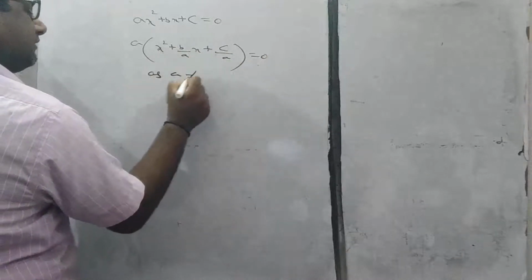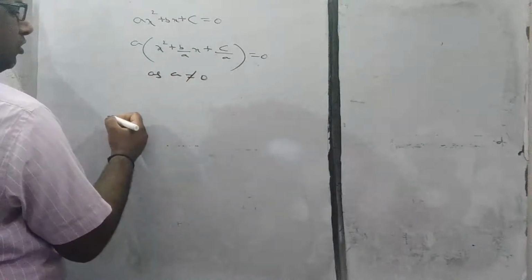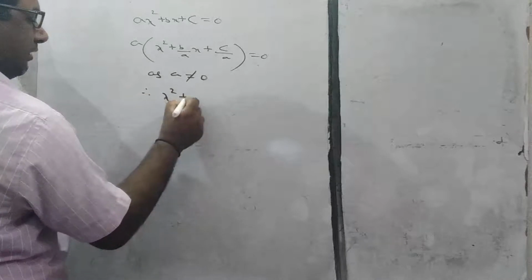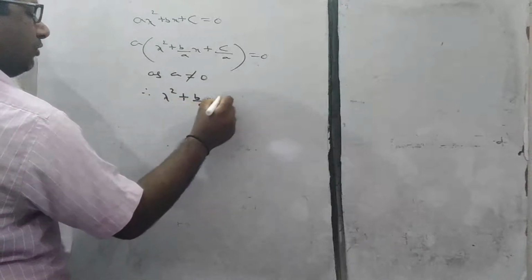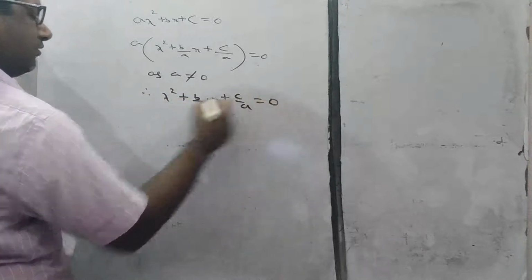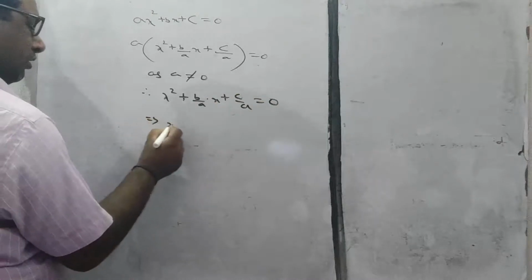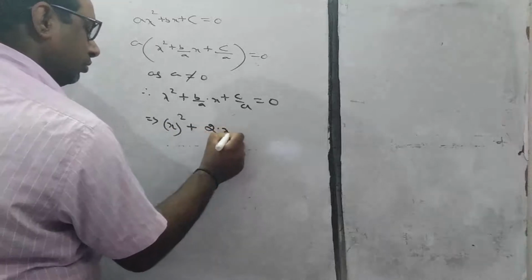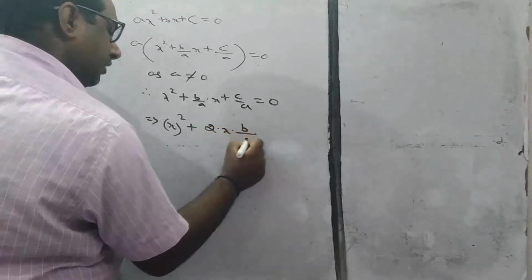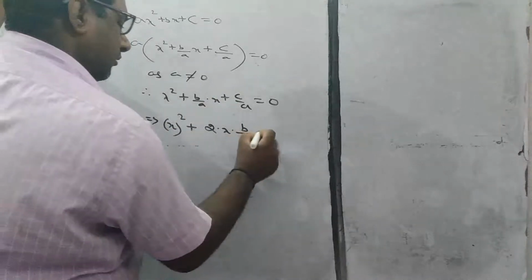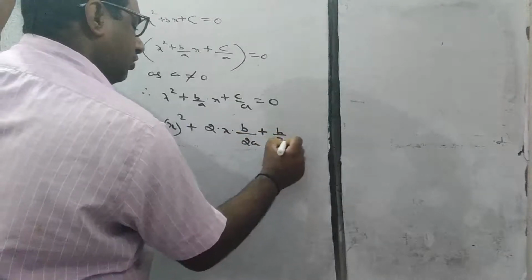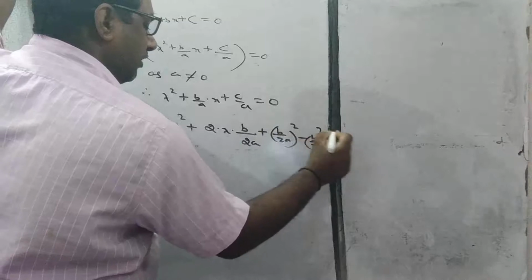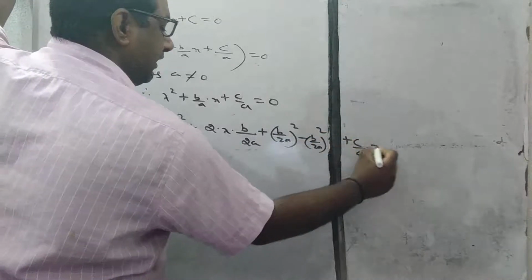As a is not equal to 0, therefore x square plus b by a into x plus c by a is equal to 0, or x whole square plus 2 into x into b upon 2a plus b upon 2a whole square minus b upon 2a whole square plus c by a is equal to 0.